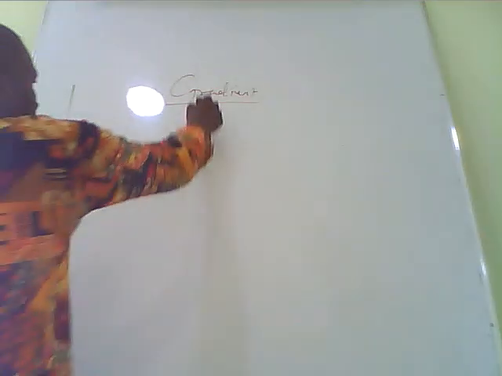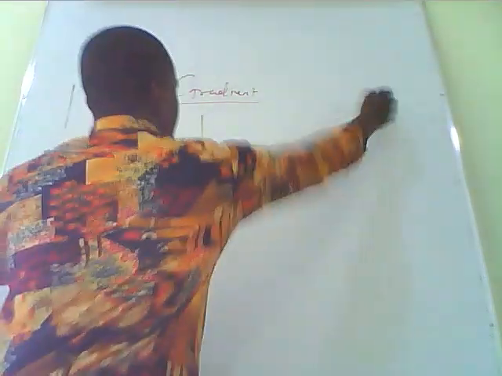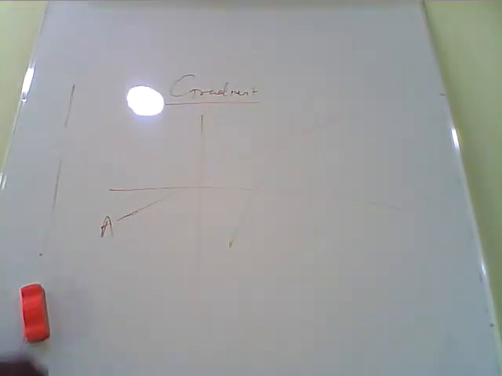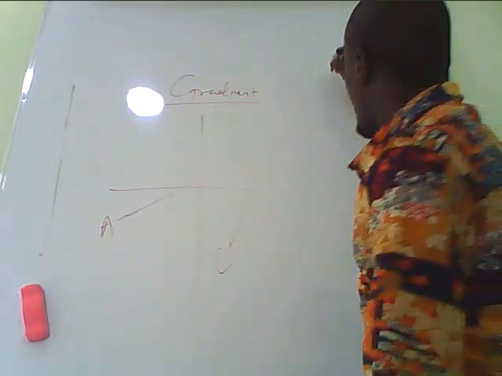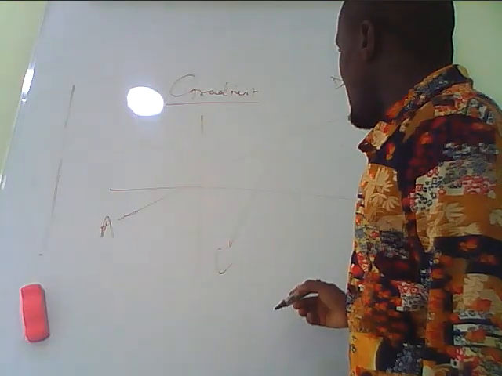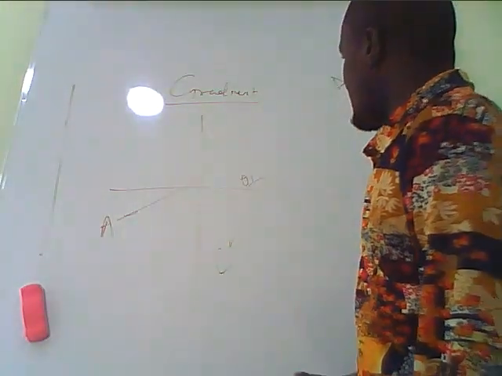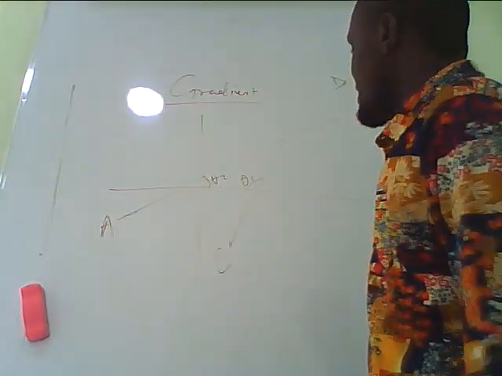For instance, let us say we have this line, and this one. Here is A, here is your B, here is your C, and here is your D. So let's form an angle on this. Let us say here is theta 1, then here is also, let us say, theta 2, for instance.